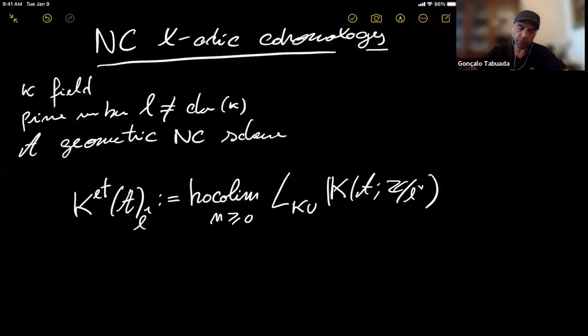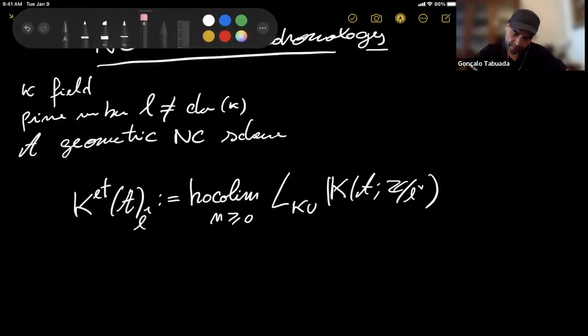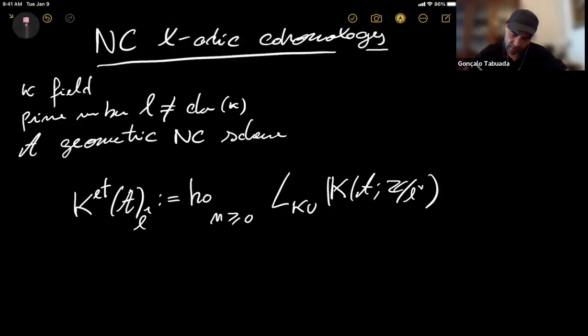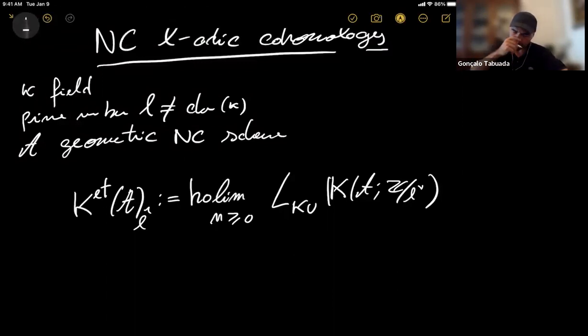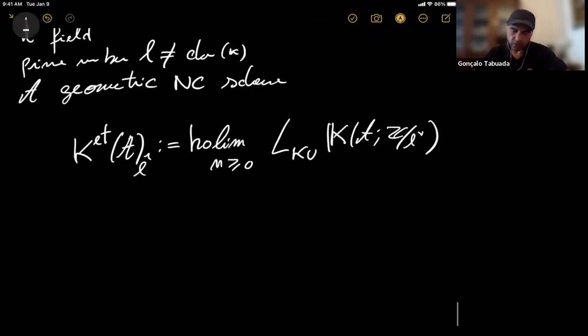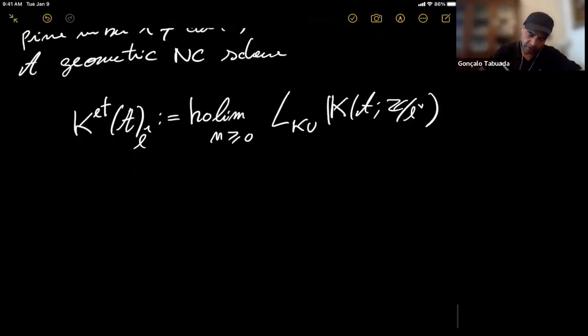And then you do this homotopy limit. And you end up with this spectrum, which is this l-adic étale K theory. And using this, you can make the following definition.